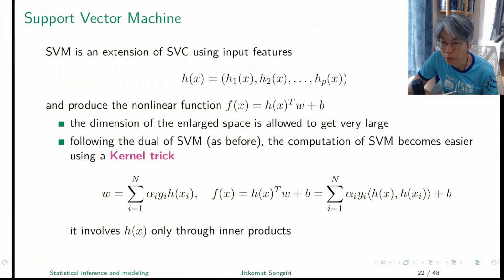To formulate the problem, we give you the problem setting. The SVM is an extension of SVC, the support vector classifier, using the features that are mapped using the nonlinear function.